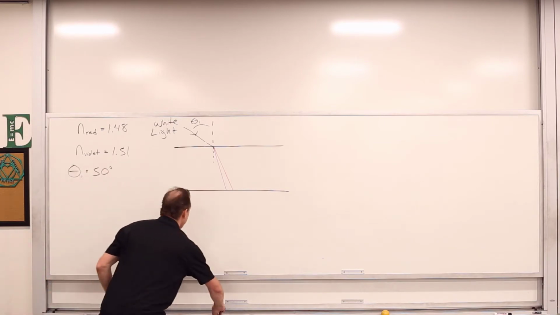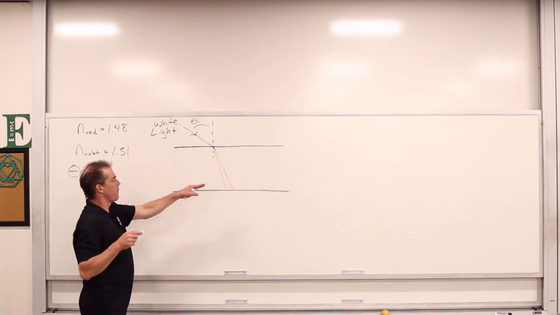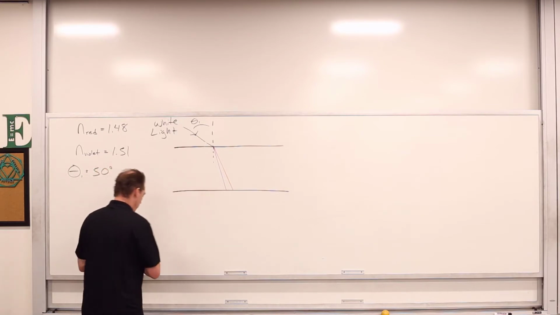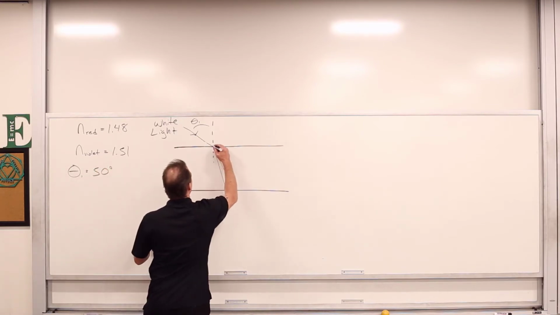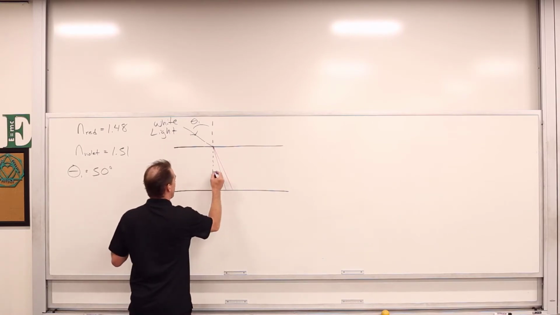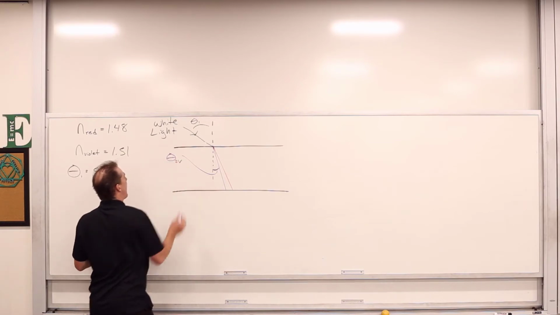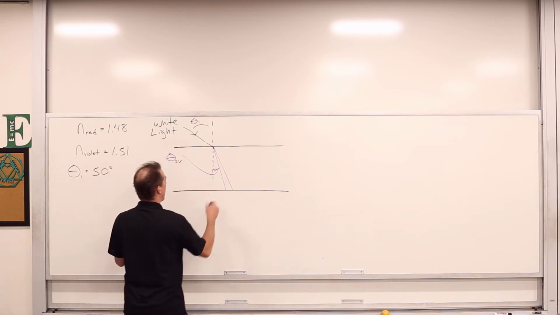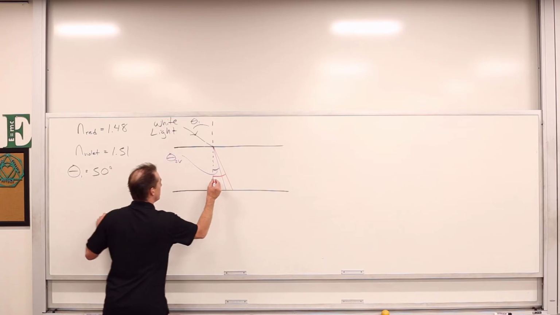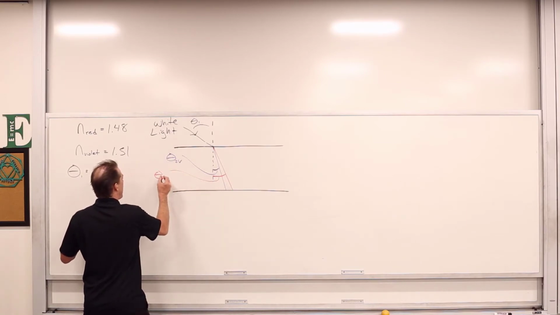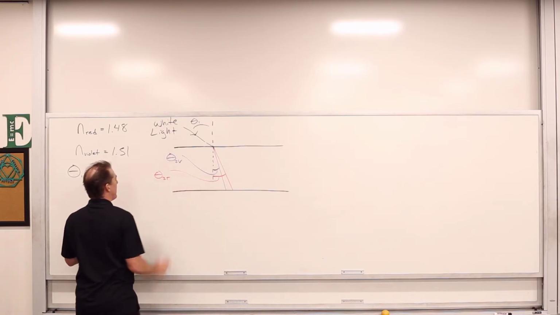So what do we have with this? We've got some theta 2 violet and some theta 2 red. So these again are measured with respect to this normal. And we've got this angle here, let's say theta 2 violet, and we've also got this angle there called theta 2 red.